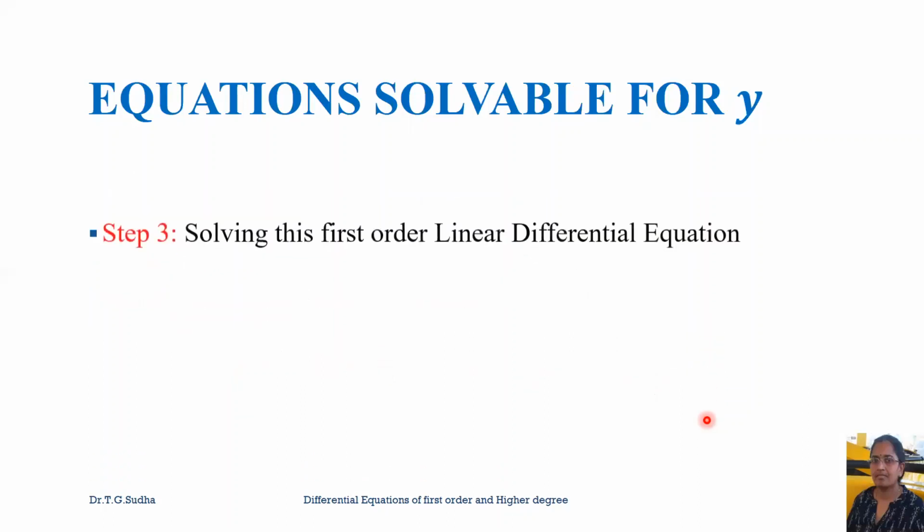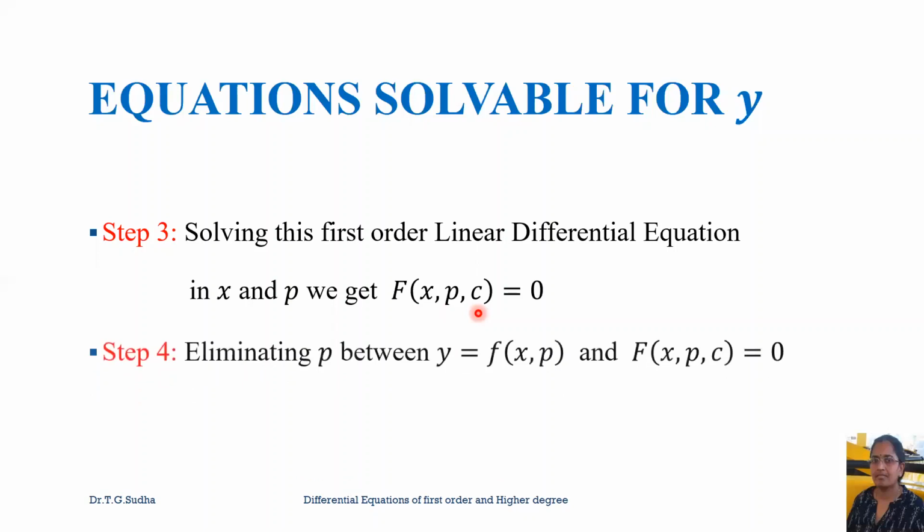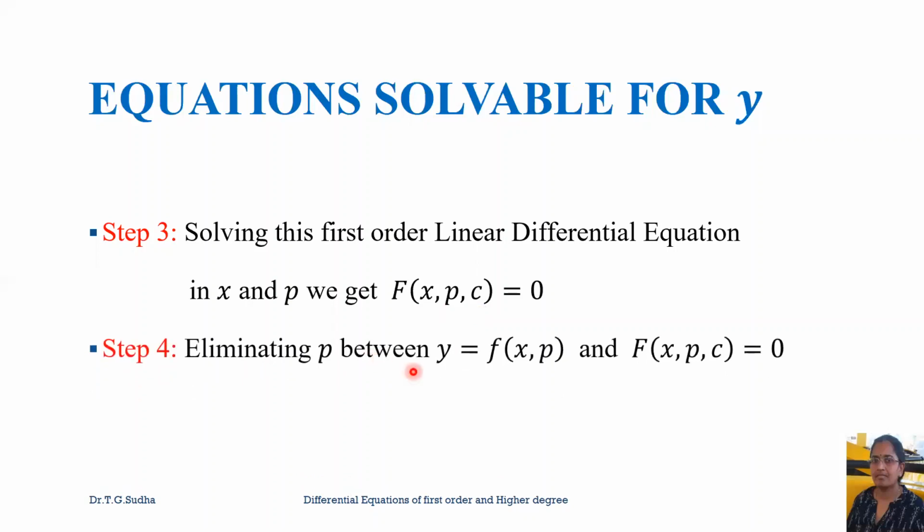In step 3, we solve the first order linear differential equation in x and p, and we get a solution f of x comma p comma c equal to 0, where c is the constant of integration. In the fourth step, we eliminate p between the given equation y is equal to f of x comma p and the solution equation f of x comma p comma c equal to 0, and we get the complete solution.